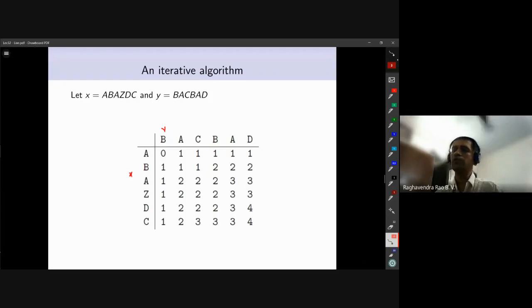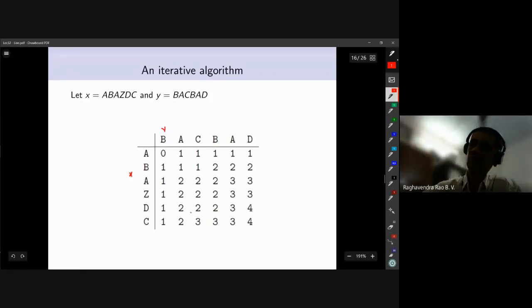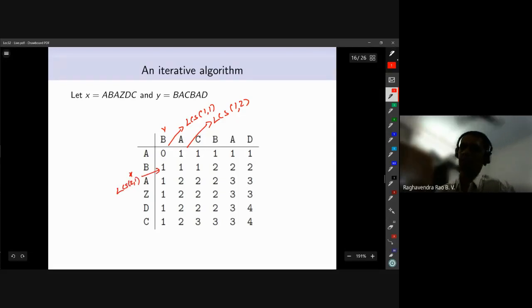Now what you do is fill the table. You start with LCS(1,1), which is trivial to do. This is LCS(1,2), this is LCS(2,1), and so on.